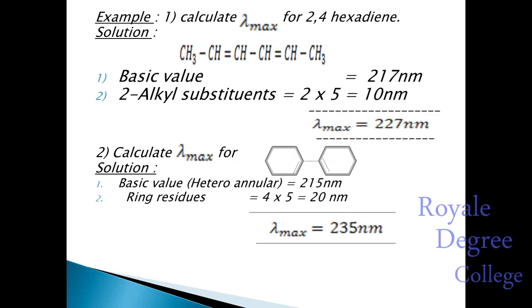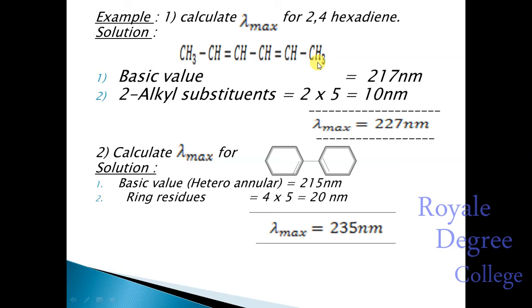Now we are seeing the problems. The first problem is to calculate lambda max for 2,4-hexadiene. In the solution, you have to draw the structure of 2,4-hexadiene. We are writing the structure: CH3 single bond CH, double bond CH, single bond CH, double bond CH, single bond CH3.